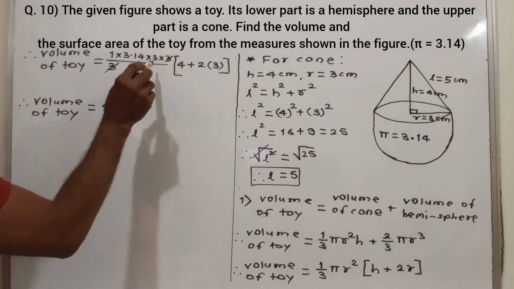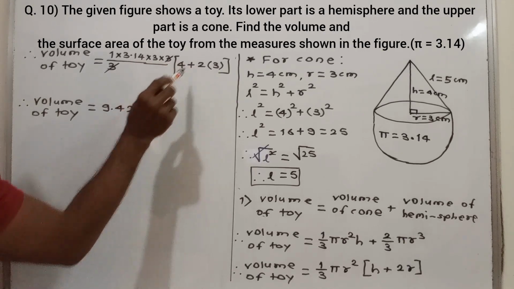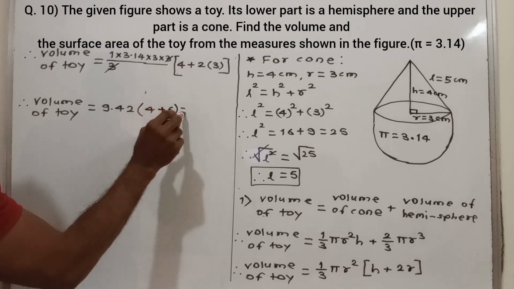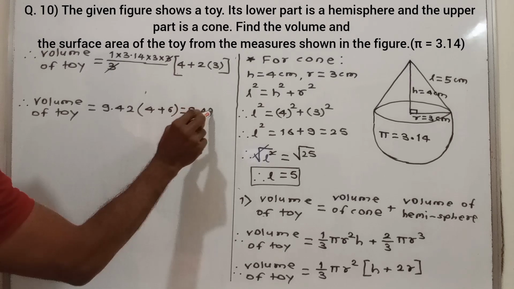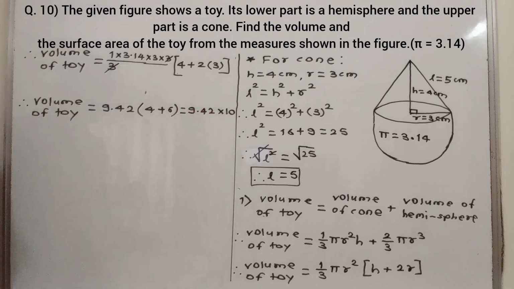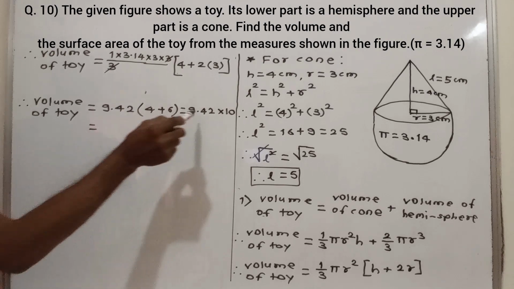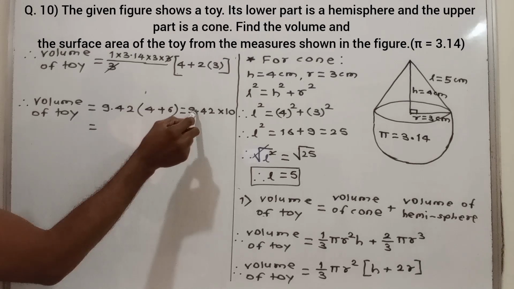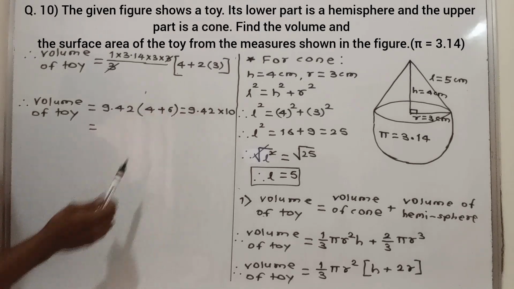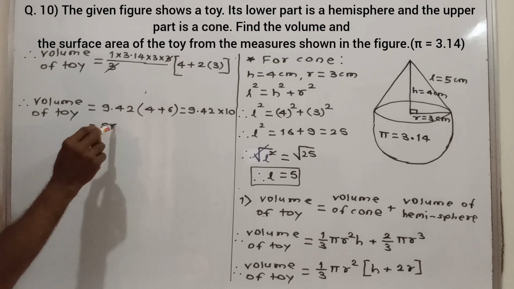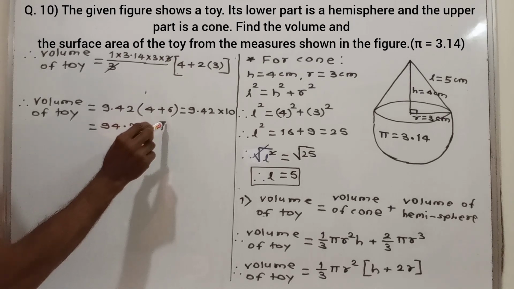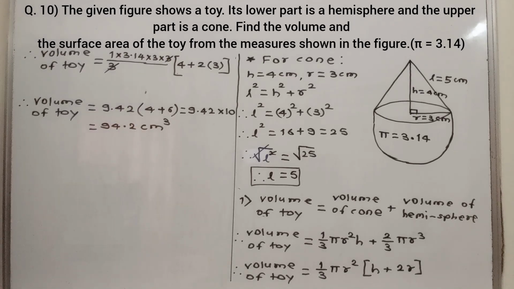Bracket, see this, 4 plus 2 into 3 is 6. Therefore 9.42 into 10. Then we shift the decimal point, and since this is volume, we write centimeter cube: 94.2 centimeter cube.